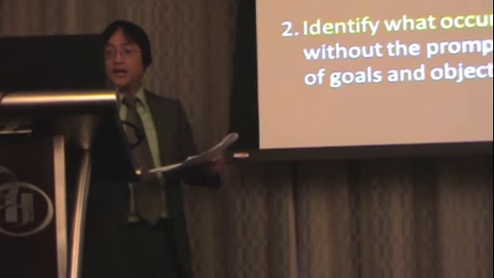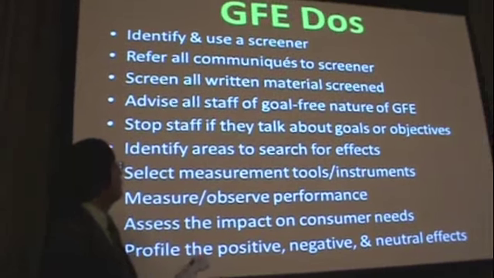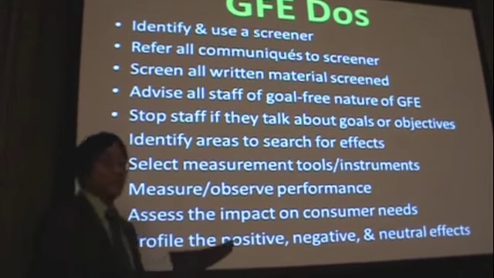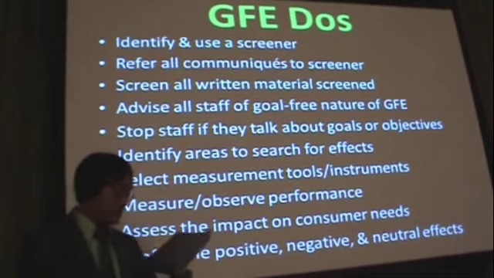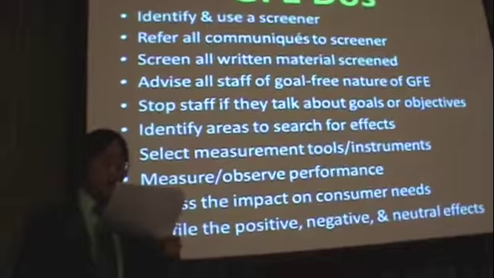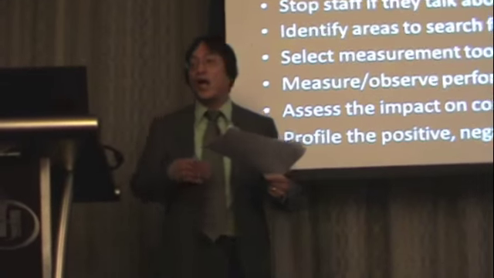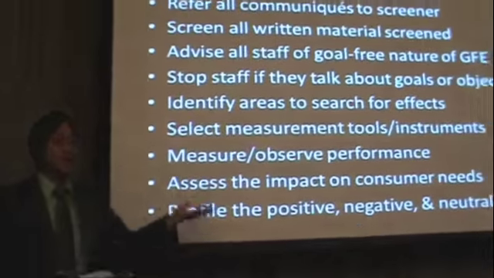Also, you'll see on your handout that I gave you a list, and I'm not going to read them all to you by any means, but I have a list of goal-free evaluation do's and don'ts. To help legitimize this list, I had people like Michael Scriven, Daniel Stufflebeam, James Sanders, Chris Coryn, several others, and Michael Quinn Patton critique this list of do's and don'ts.